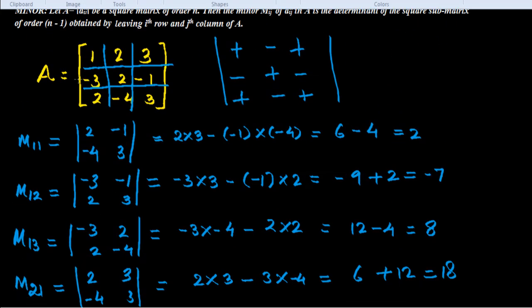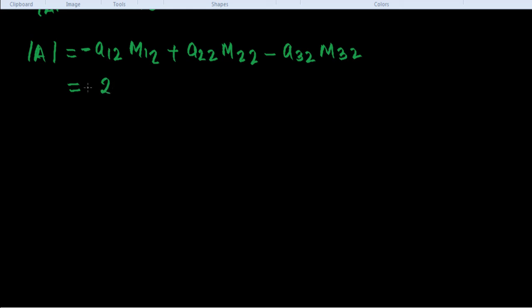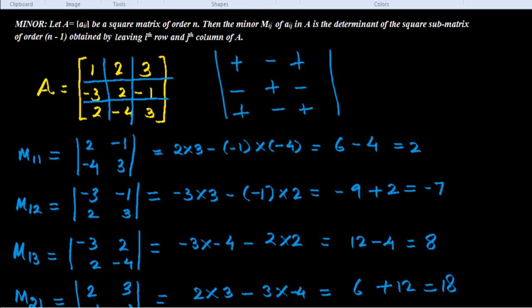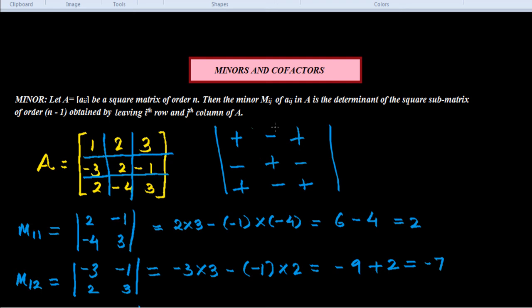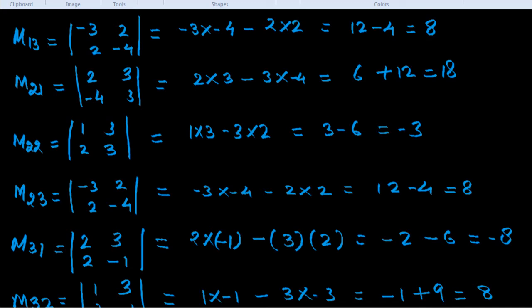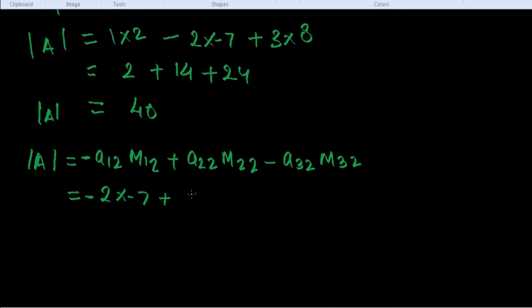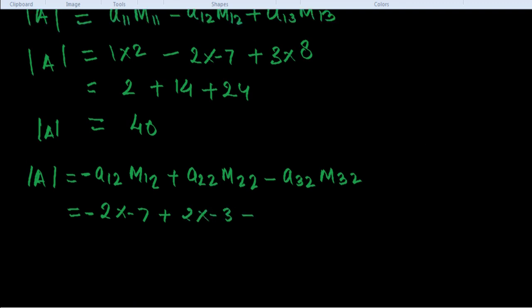A12 is 2 and M12 is minus 7. So 2 multiplied by minus 7. Here the minus sign is already there, 2 multiplied by minus 7. A22 is again 2 and M22 is minus 3. So 2 into minus 3. Now negative sign A32.